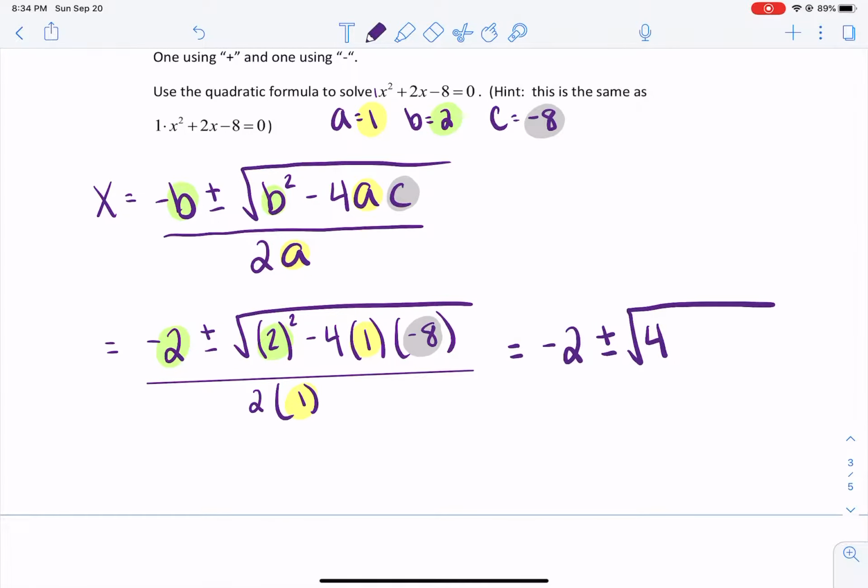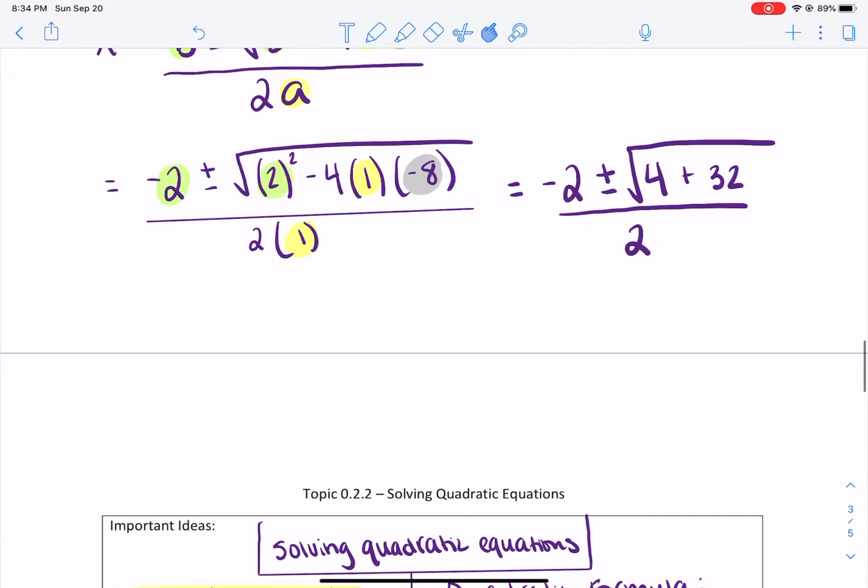So I'm going to put a plus 32, because negative 4 times a negative 8 would give us a positive. And then that's all over 2 times 1, which is just 2. All right, so we're getting close. Now let's simplify again. We've got negative 2 plus or minus the square root. So let's simplify once more. 4 plus 32 is 36, all over 2.